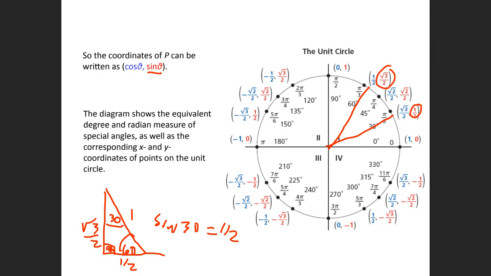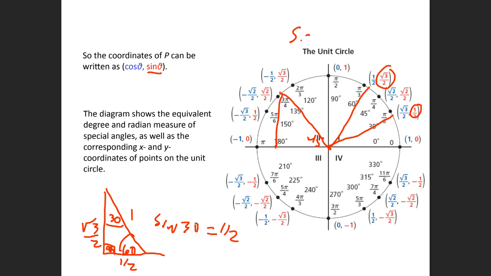If you memorize this, some kids are just going to use it in front of them when they're doing their homework assignment, which is perfectly fine, but you should be able to use special triangles to figure out all these values also. And some kids will say, well, Mr. Shangle, how am I going to get 135? Well, isn't 135 the same thing as 45 degrees when you think about it? Because the reference angle, if you drew a line down here, would be 45.